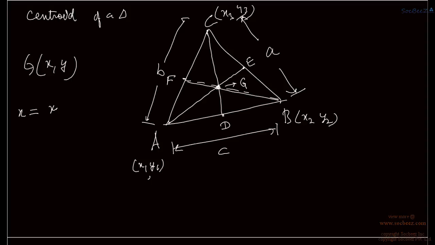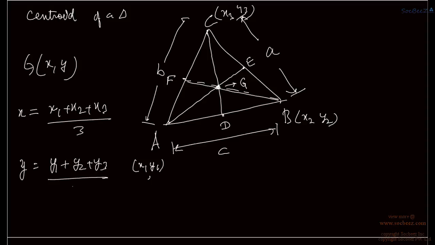So x is equal to (x1 plus x2 plus x3) upon 3, and y is equal to (y1 plus y2 plus y3) upon 3. So the centroid can be easily calculated using the coordinates of vertices A, B, and C. This formula can be derived using the section formula, because we all know that the centroid divides the median in the ratio 2:1.